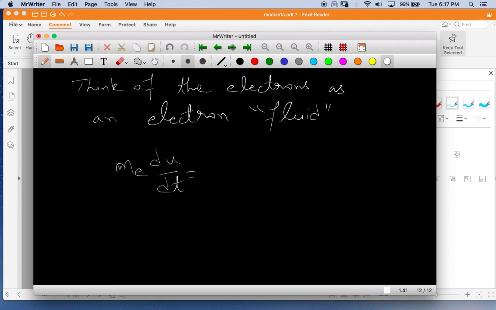This would be the m a, and on the right hand side you will have the forces, minus, and this is the new term. As such, this would be fine, and many times if there was a magnetic field, you would write the Lorentz force term, but here we're not dealing with that.